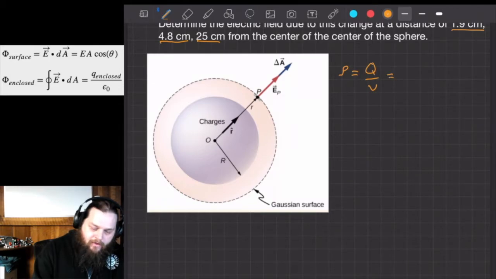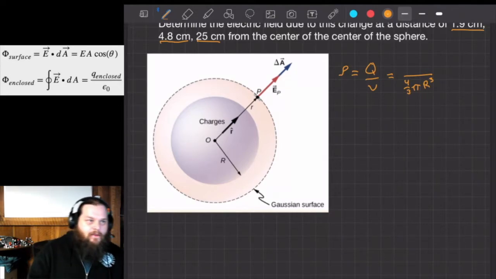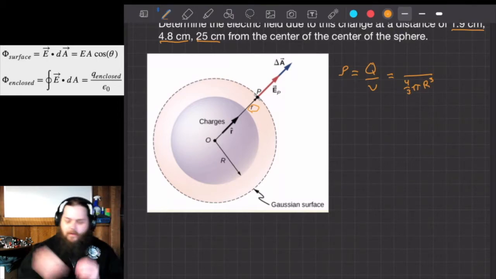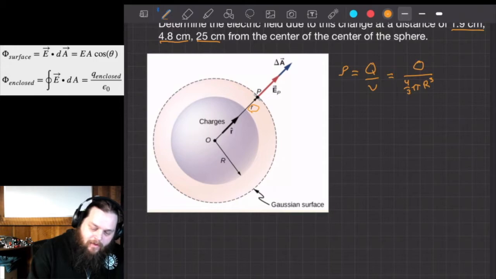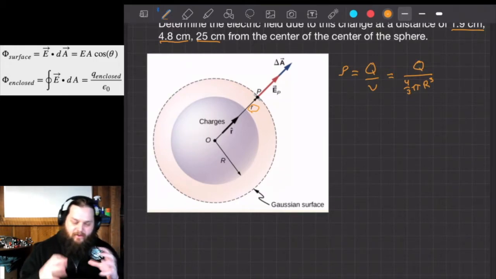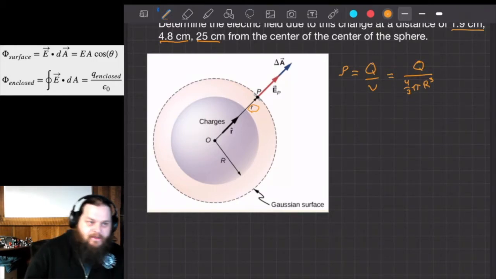If we plug in the volume for a sphere, we get 4/3 pi R cubed. Notice I have a big R in this case because little r is going to be the radius for my Gaussian sphere. As I write these out, remember that the little r is the radius of the Gaussian sphere, and the big R is the radius of the sphere itself.